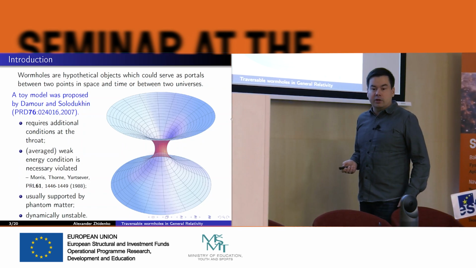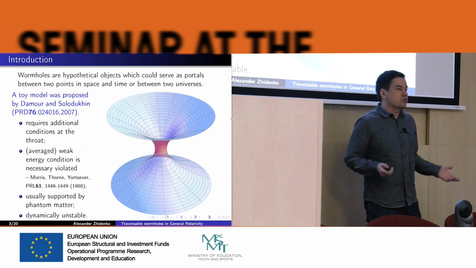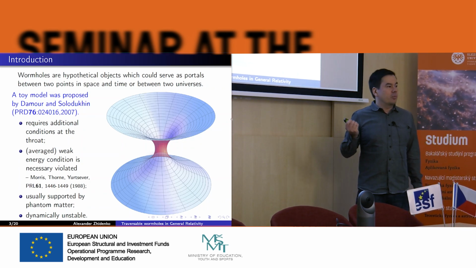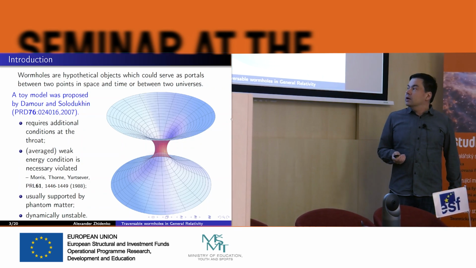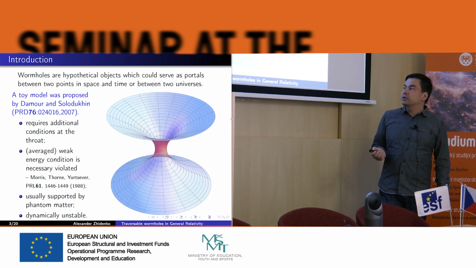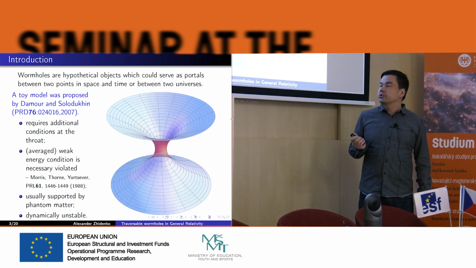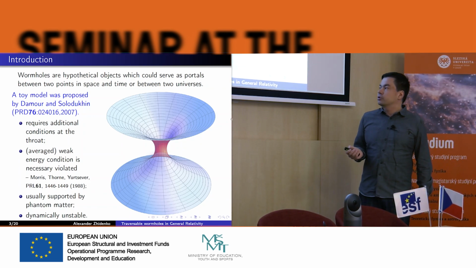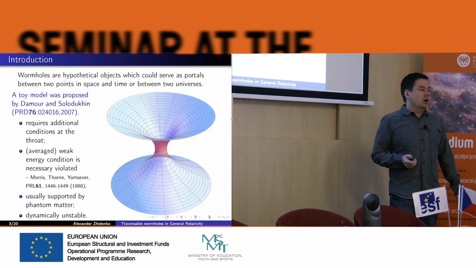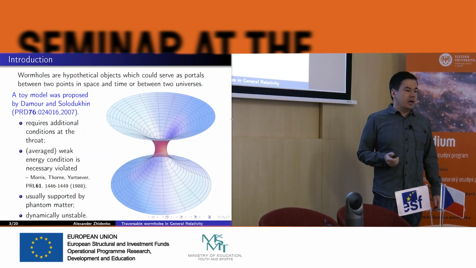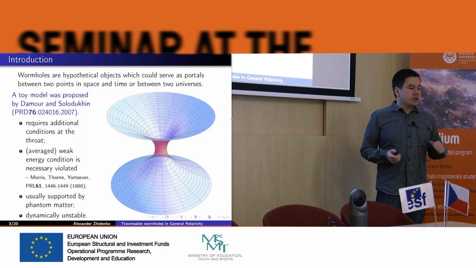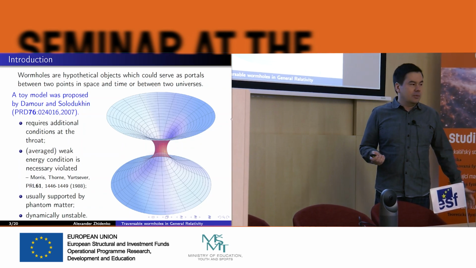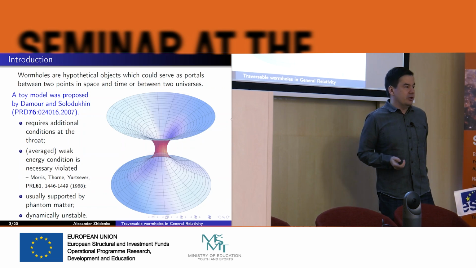And we know that our normal matter usually obeys weak energy conditions, so we have a problem here. And usually, in general relativity, the wormholes are supported by exotic matter, like phantom matter, for example, which is simply a matter which has negative kinetic term, which is, of course, something very exotic which we don't observe in nature.